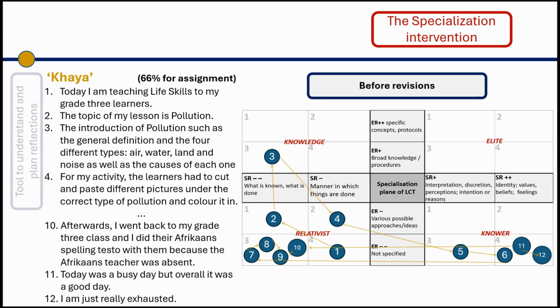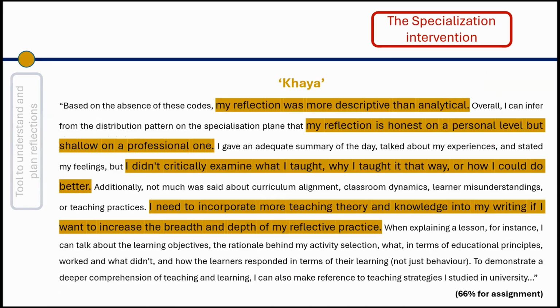She spends very little time in the knowledge code, doesn't go into the elite code either. And she told me that that was because she was teaching a lesson to the little children, and so their knowledge is not specific and specialized, which we had a big conversation about. That's why her reflection was there.